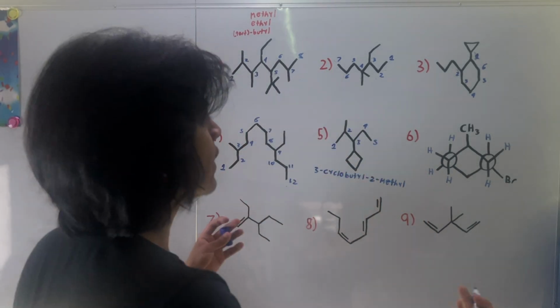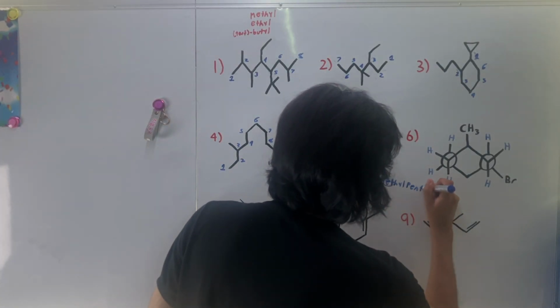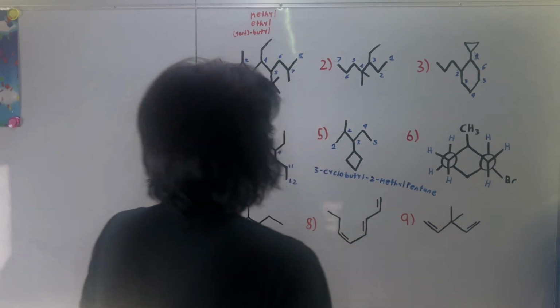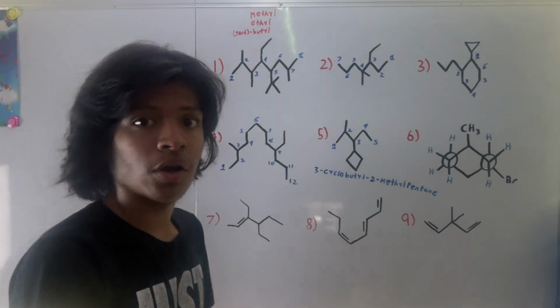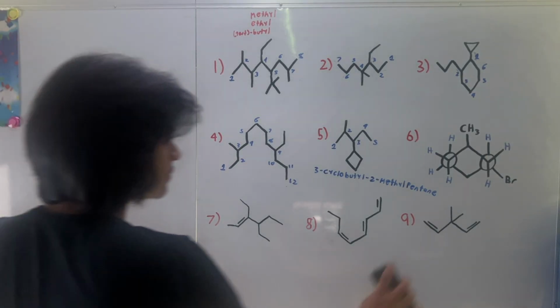And because we have 5 carbons in our longest chain, we're gonna have pentane. And this would be your final answer for compound number 5. 3 cyclobutyl, 2 methyl pentane.